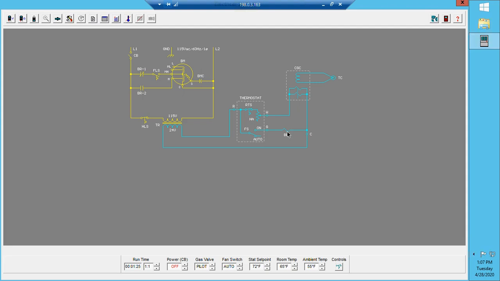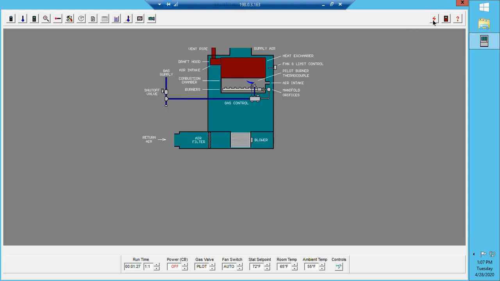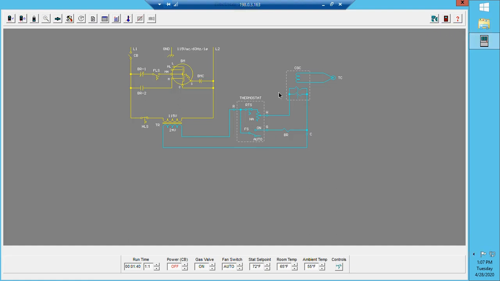Let's go back to the other screen and turn the gas valve on. Let's see what happens. We know that the pilot light stays lit because, looking at our diagram, the thermocouple is its own circuit. The pilot's staying lit.